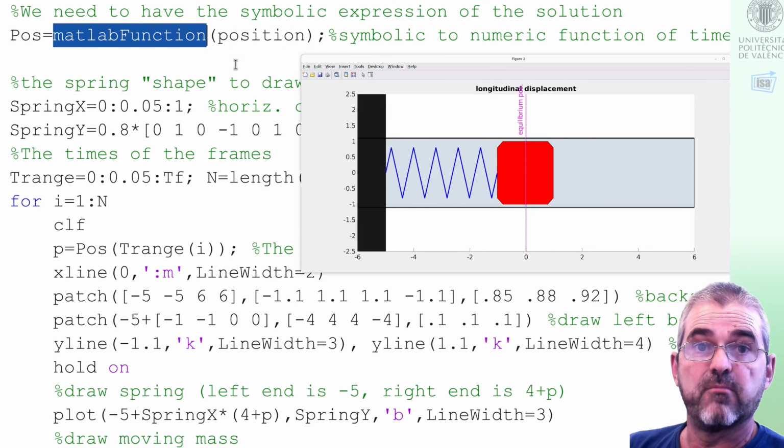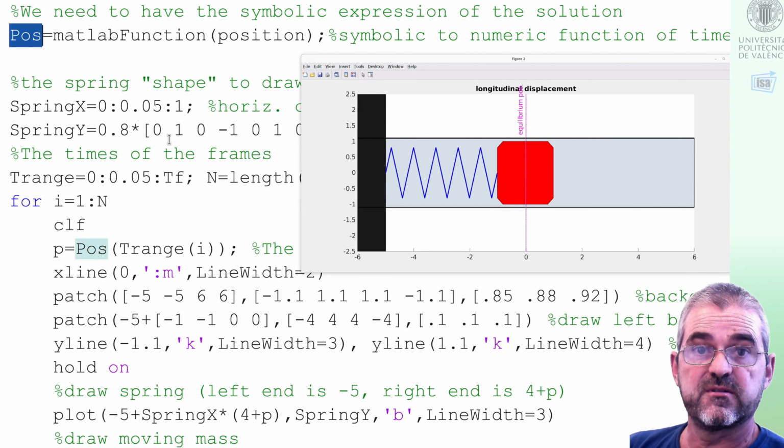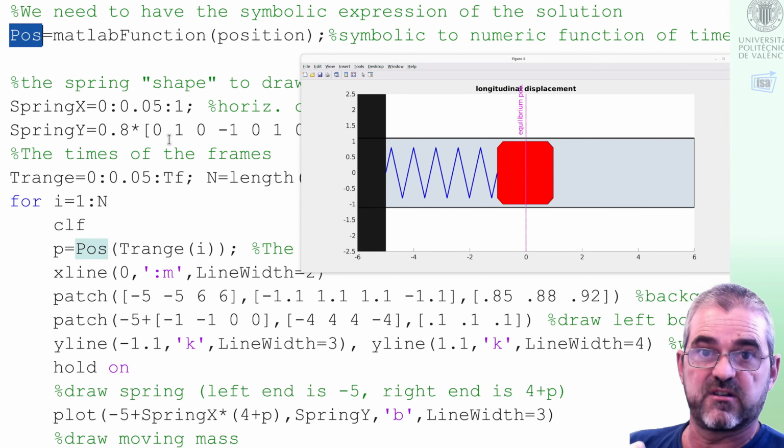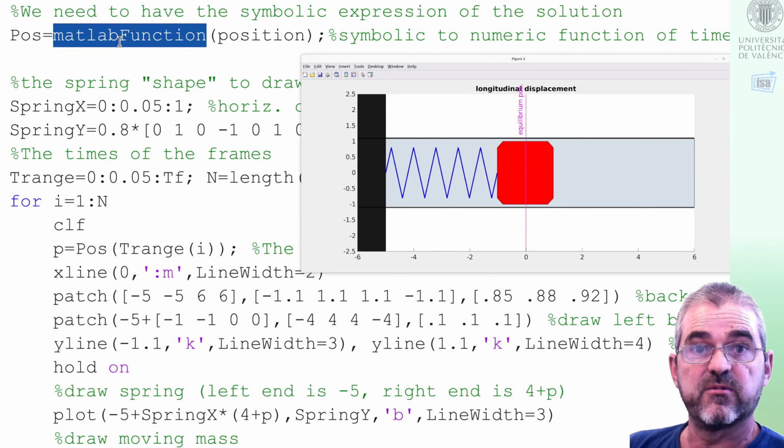Matlab function compiles it to a numerical function in which I get time as input and I get position as output, as floating point numbers, and not as a sequence of characters writing symbolic expressions. So this Matlab function transforms from symbolic toolbox to ordinary Matlab programming code. Please browse the documentation for further information.